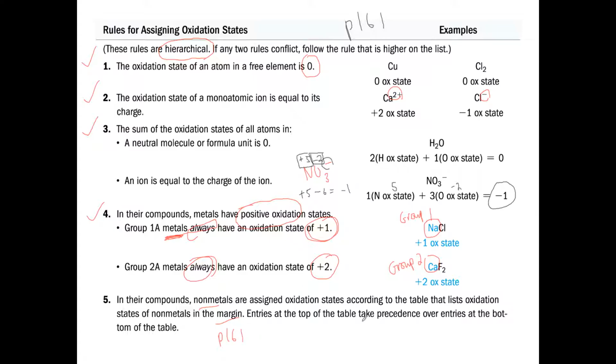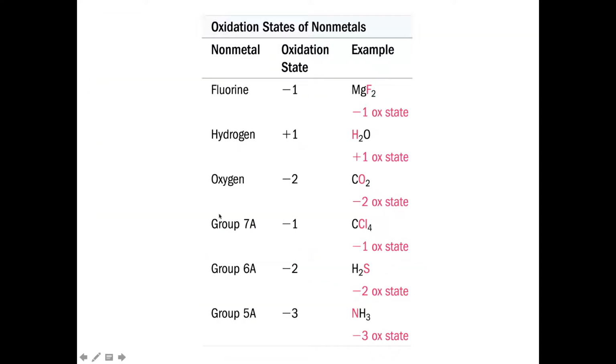Entries at the top of the table take precedence over entries at the bottom of the table. What do I mean by that? Here are some nonmetals. Fluorine's a nonmetal in group 7, so it's going to have an oxidation state of -1. Hydrogen is in group 1, so it's likely going to have an oxidation state of +1.